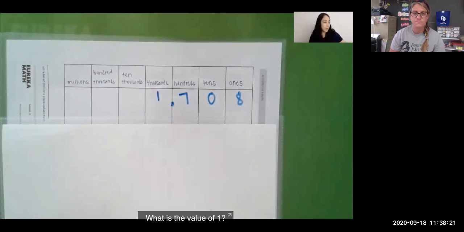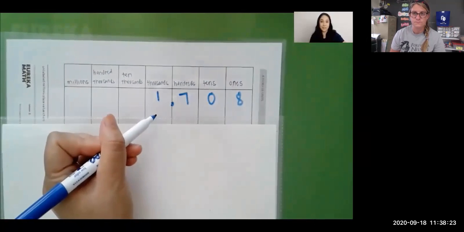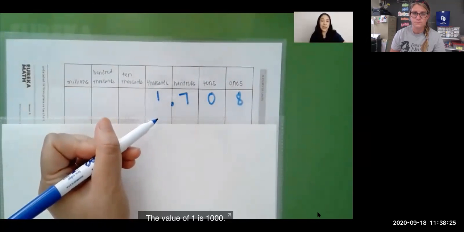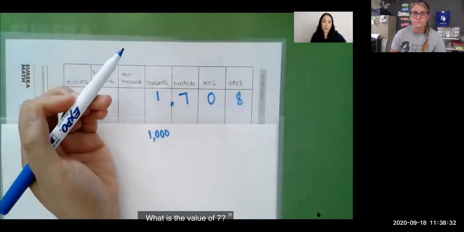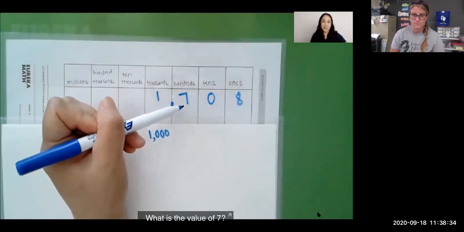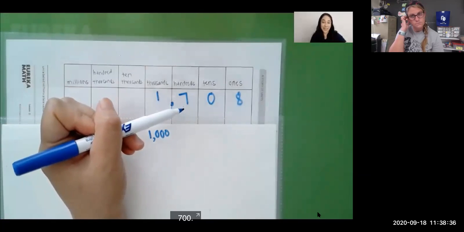What is the value of 1? The value of 1 is 1,000. What is the value of 7? 700.